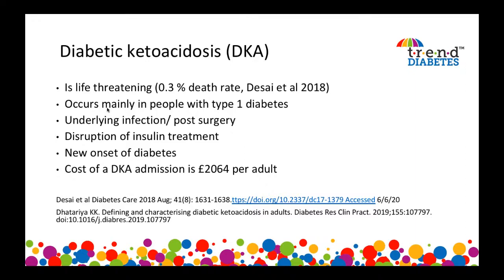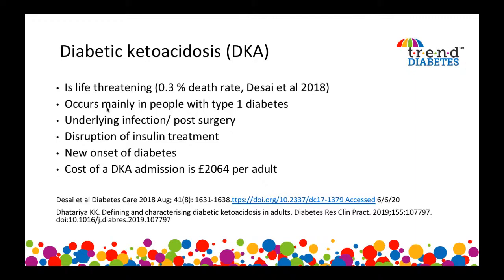Diabetic ketoacidosis occurs mainly in people with type 1, and we can't say now that it never occurs in type 2 because we're seeing that more and more. It usually is due to an underlying infection, can be post-surgery, and quite often it's when people don't adjust their insulin appropriately when they're unwell, which is what we're going to talk about.